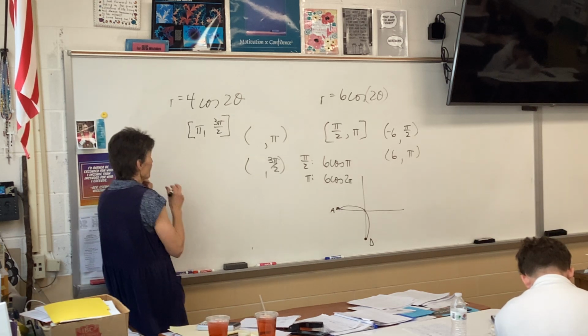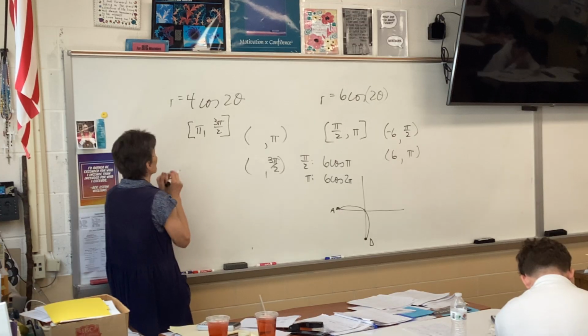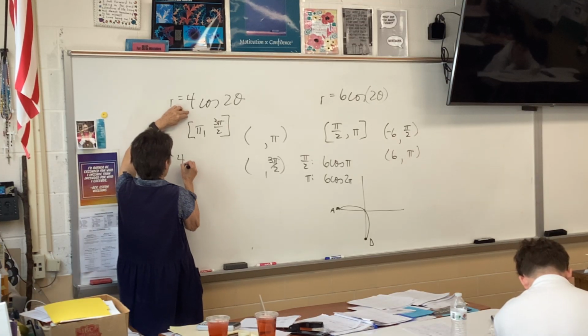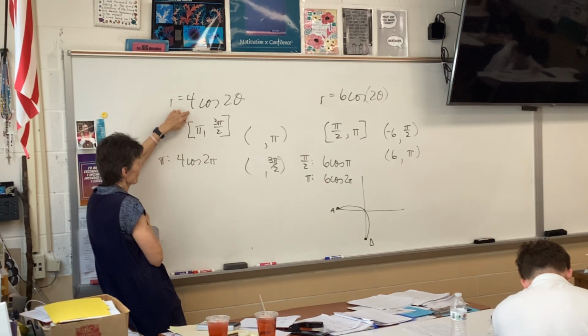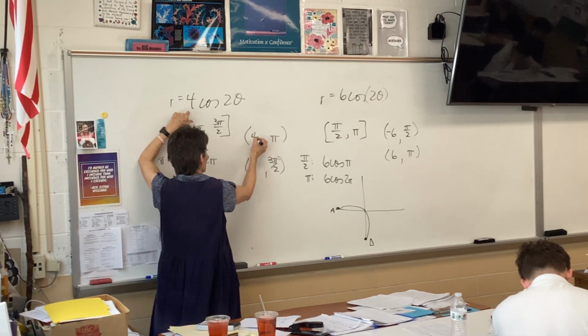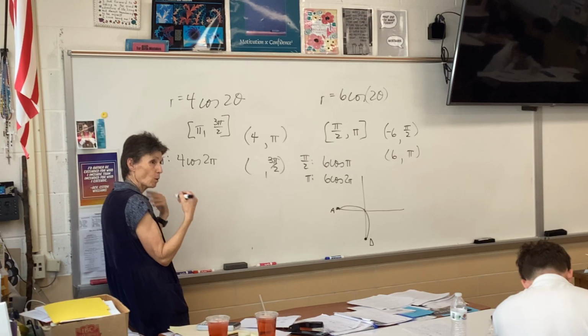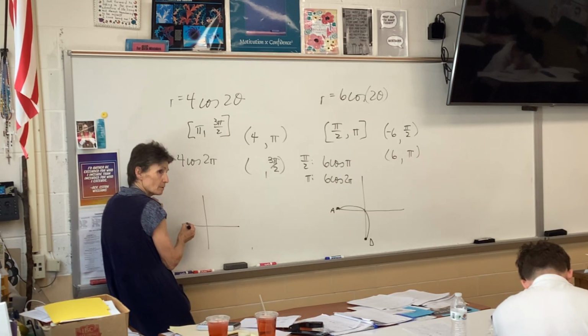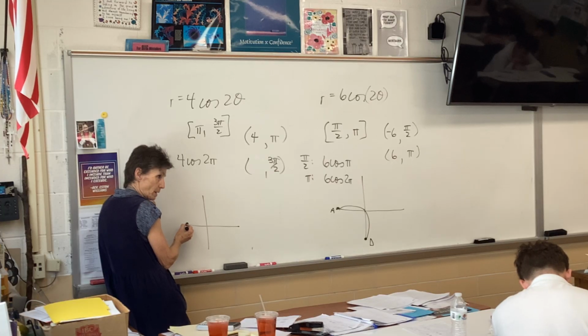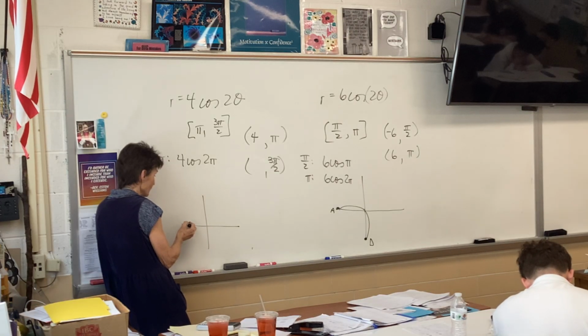So if I put in pi, I'll have 4 cosine 2 pi, which is what? 4? Okay, now pay attention, that's 4 comma pi. So that point is over here. Right? Pi line, 4.